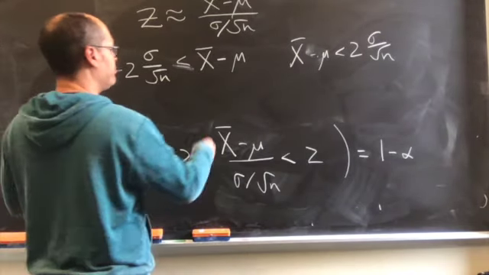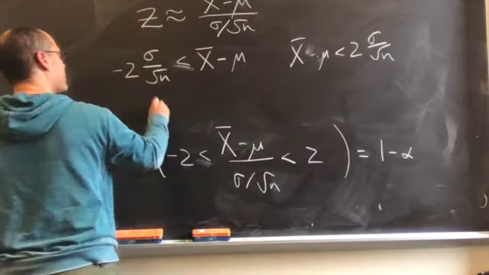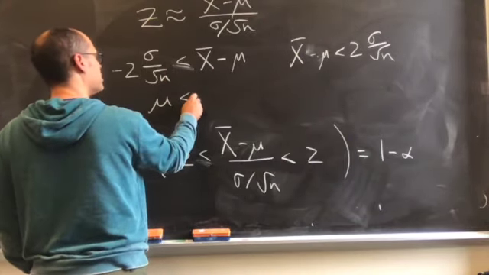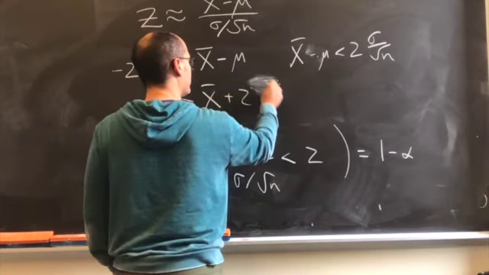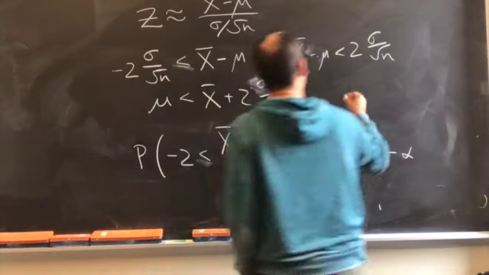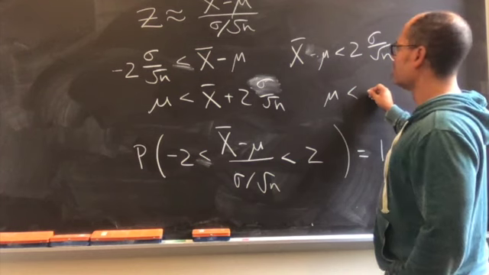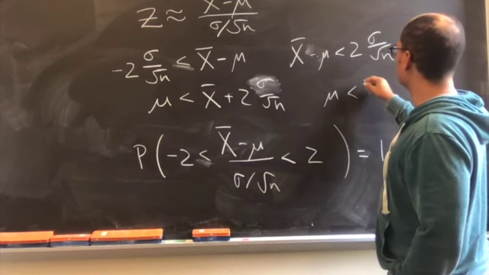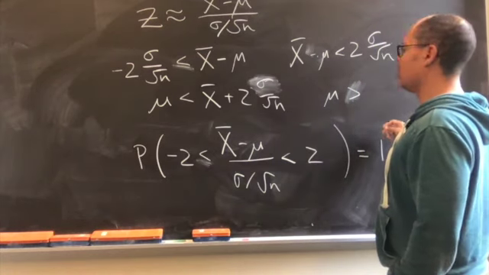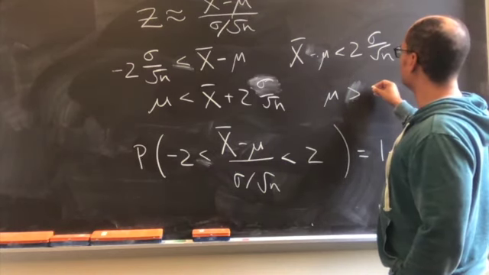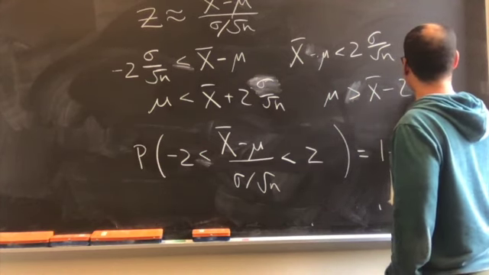If I rearrange this by moving the mu over and moving this thing over there, I get that mu is less than X bar plus 2 sigma over root n, and mu is greater than X bar minus 2 sigma over root n.